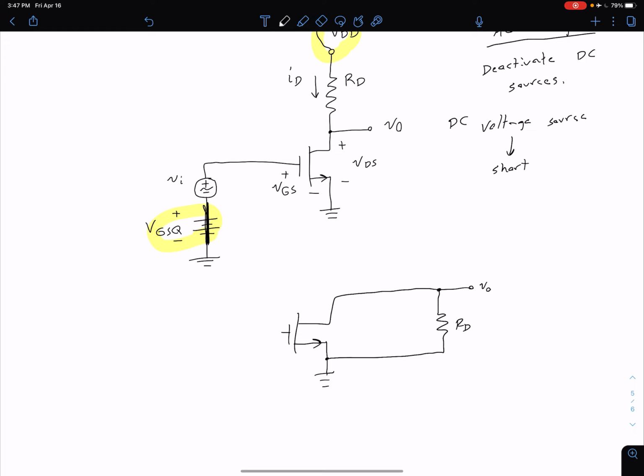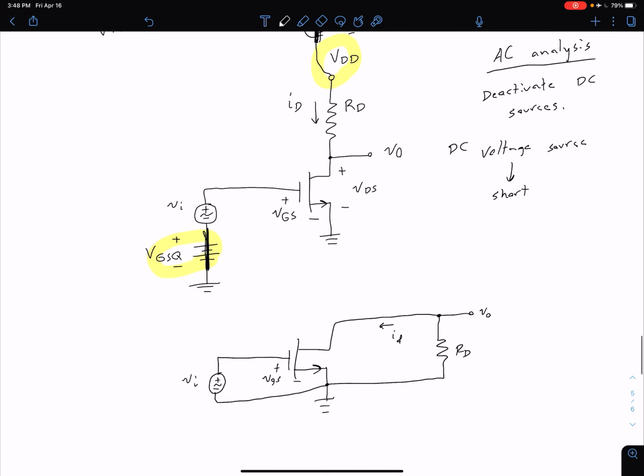And off of our gate side, we no longer have that VGSQ, but rather we just have that small signal, lowercase v, lowercase i, connected between there and ground. And of course we have some drain current in here, our small signal drain current i sub D, and some small signal gate voltage v sub GS, and like we saw in the last video, our v sub GS is just equal to the vi in this case.